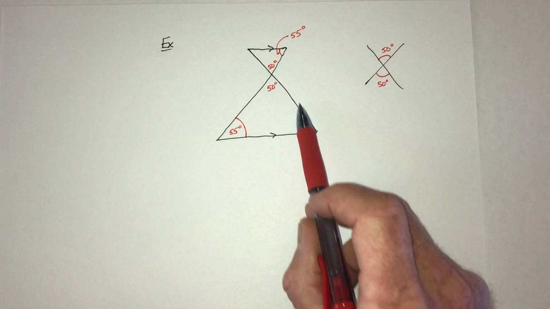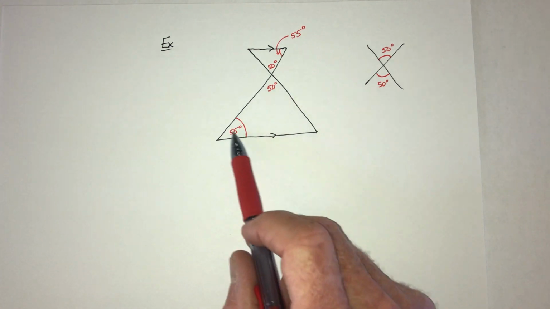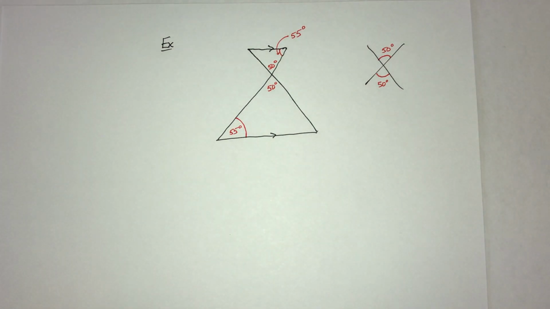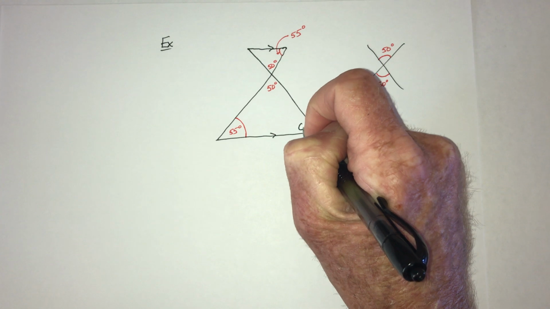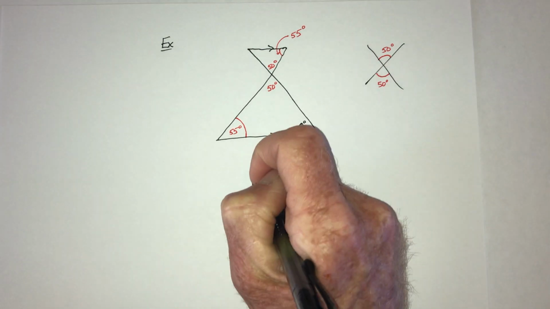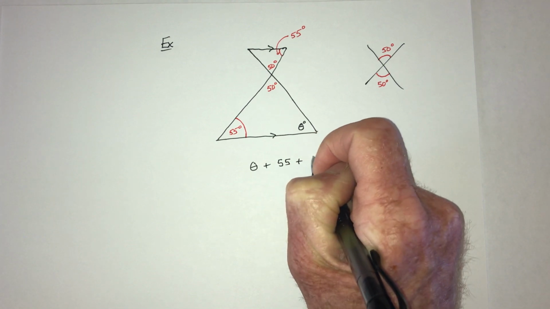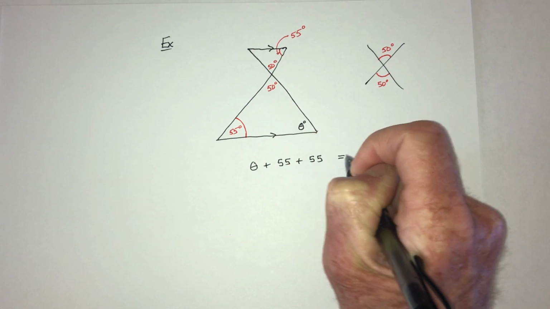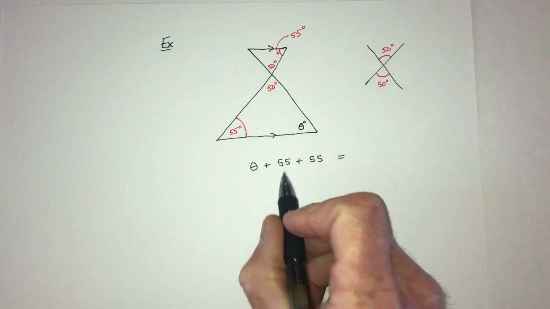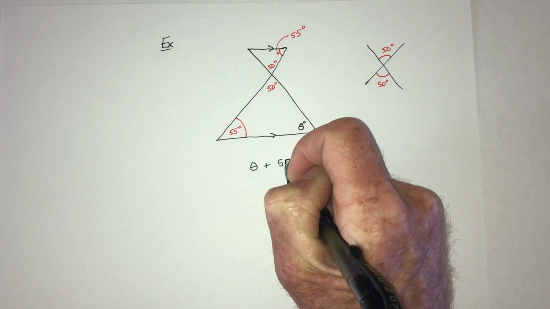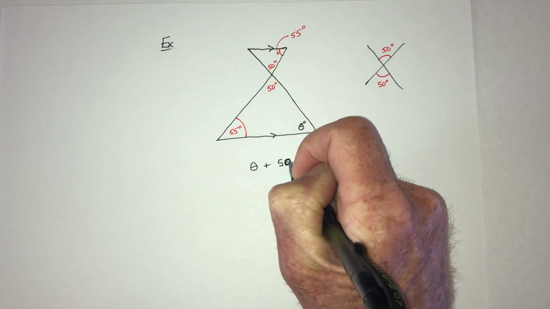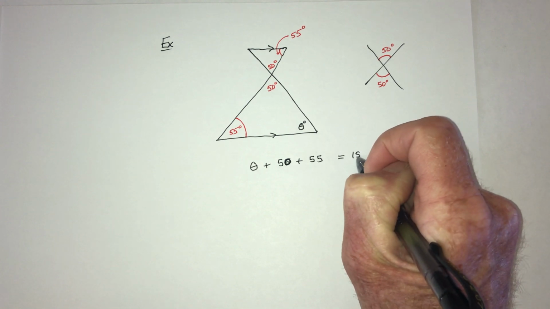And now, since we have this triangle and all three angles have to add up to 180, I could for a moment call this theta, and then theta plus 50 plus 55 has to equal 180.